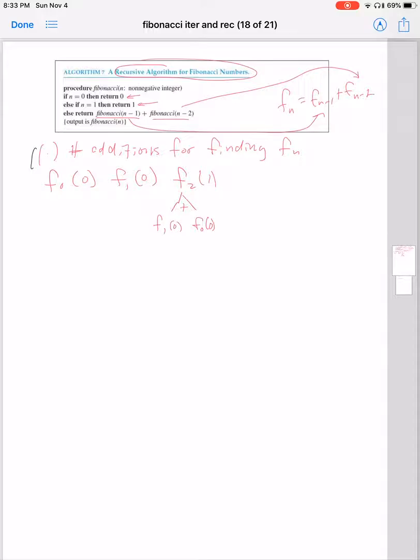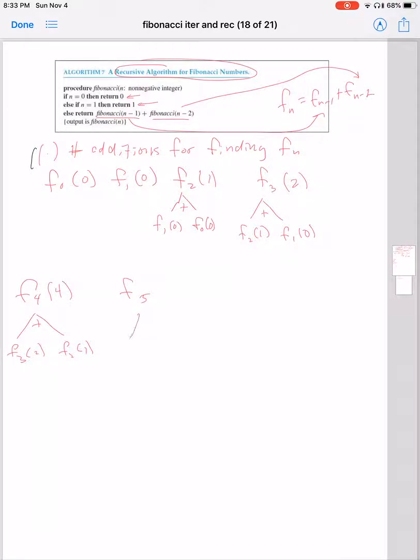How about Fibonacci 3? We're going to call Fibonacci 2, which has 1 addition, and Fibonacci 1, which has 0 additions, but we have to add them together, so we get 2 additions for Fibonacci 3. All right, so let's do a few more. Fibonacci 4 calls Fibonacci 3 with its 2 additions, and Fibonacci 2 with its 1 addition. We add those together to get 4 additions for Fibonacci 4.